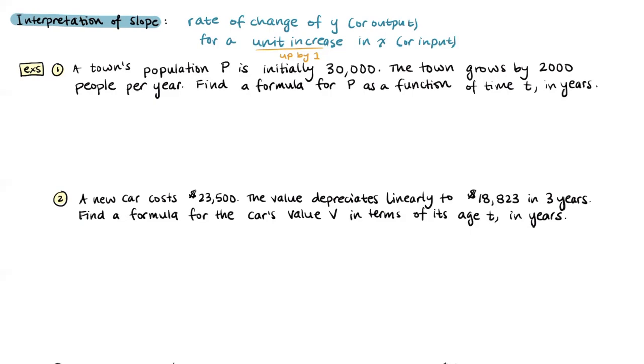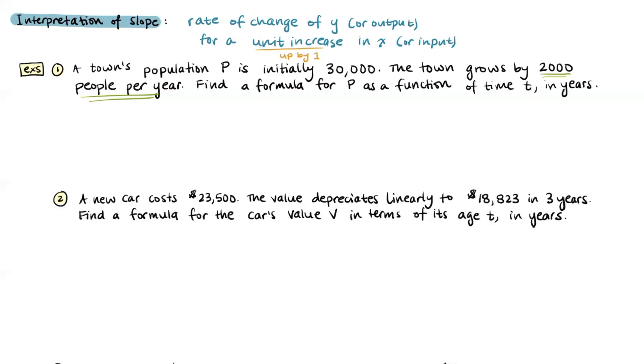This notion of rate of change for a unit increase in x is present in this example by the 2,000 people per year. Our input variable here is little t, and our output is capital P. So little t, time, is playing the role of x, and capital P is playing the role of y.